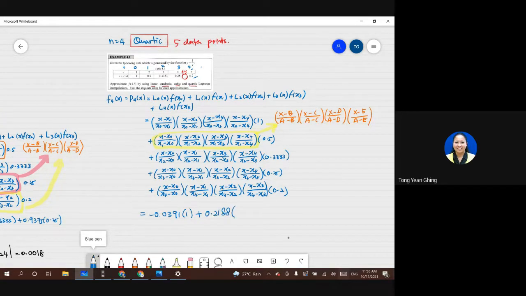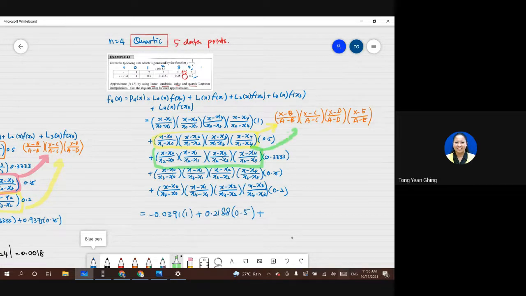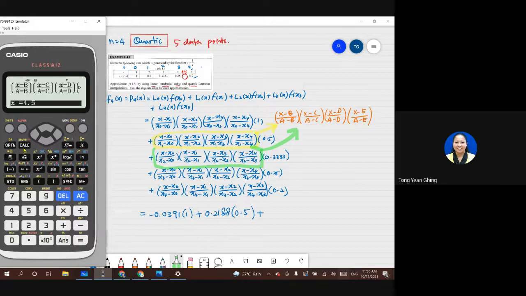0.2188 times 0.5 plus, now we refer to this one. Let's calculate. x is still 4.5.